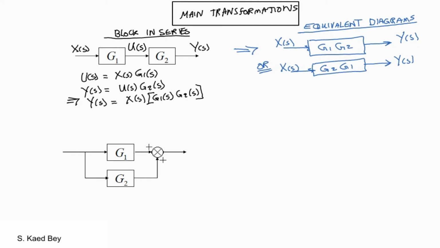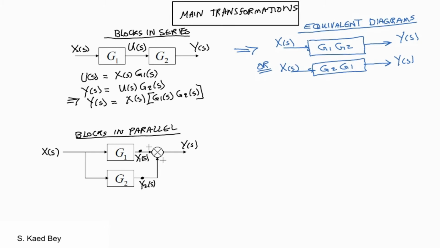The second main transformation is when the blocks are connected in parallel. In case the blocks are connected in parallel, then the transfer function of the whole system will be the addition of the transfer function of each block. Suppose that Y1 is the output of the first branch and Y2 is the output of the second branch.